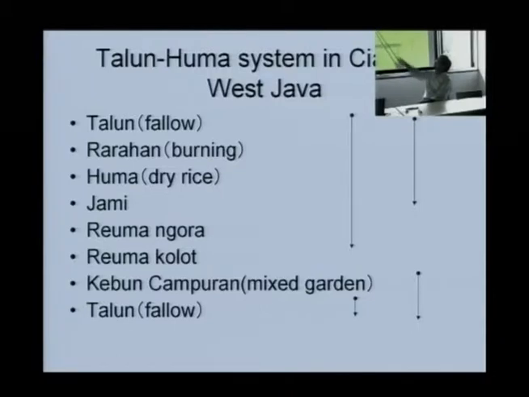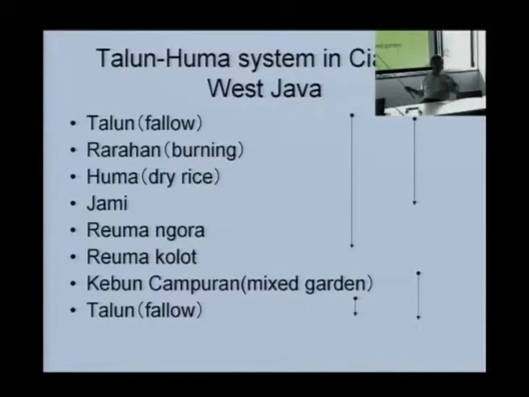So they need, for example, 20 years for one cycle of land. Because if the cycle is shortened, usually after 20 years people go back to the land.